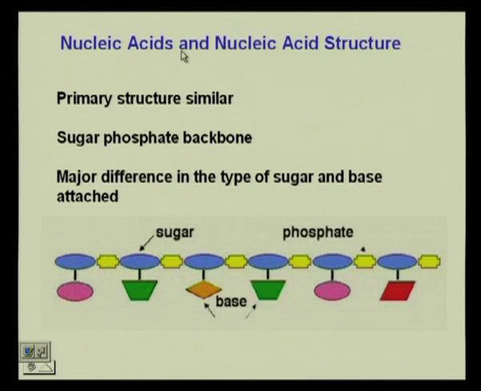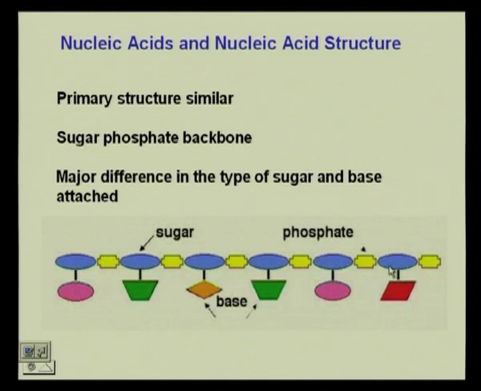When we consider these nucleic acids, therefore, we have the sugar and phosphate, which is actually called a sugar phosphate backbone. Okay? Now, the primary structures of both DNA and RNA are similar. They have a sugar phosphate backbone.